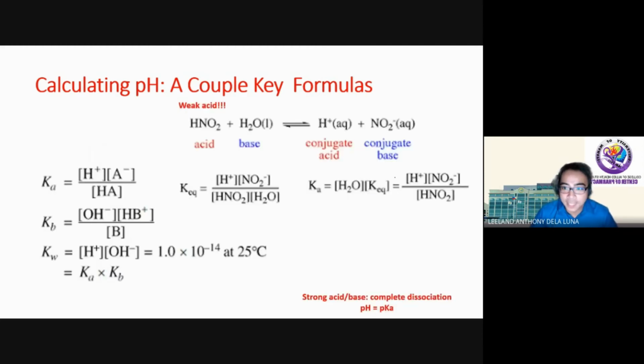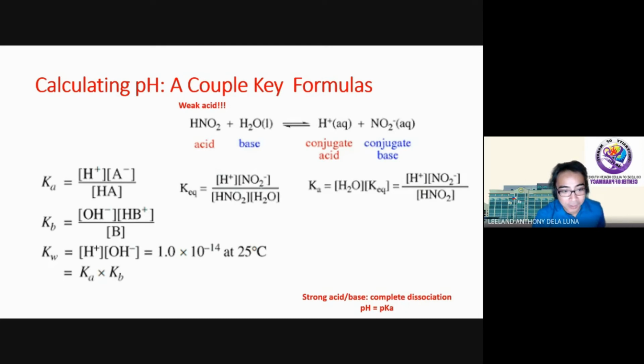Now, another thing, class, that you have to look at here is the formula for dissociation constant. Okay, ang dissociation constant natin, class, sabi nga natin, di ba, you need here, an acid or a base, either of the two, will always dissociate into its respective ions. Correct? Once exposed in water. Kung strong electrolyte yan, complete dissociation yan. Okay?